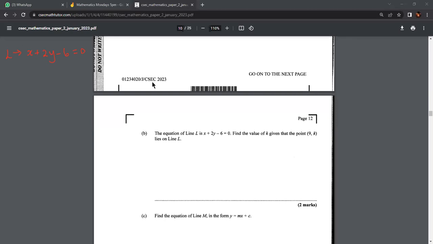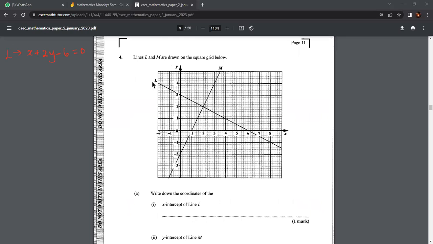Now, anytime you have a straight line, you have to know that we are familiar with working out our equations of our lines in the form of y is equal to mx plus c. This is the standard equation of a straight line.